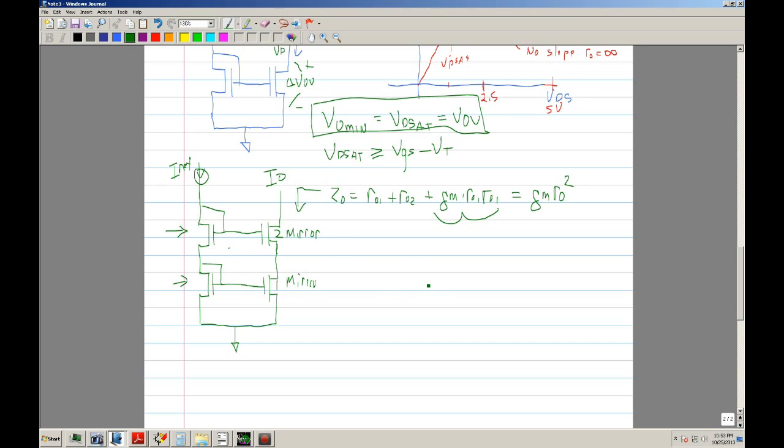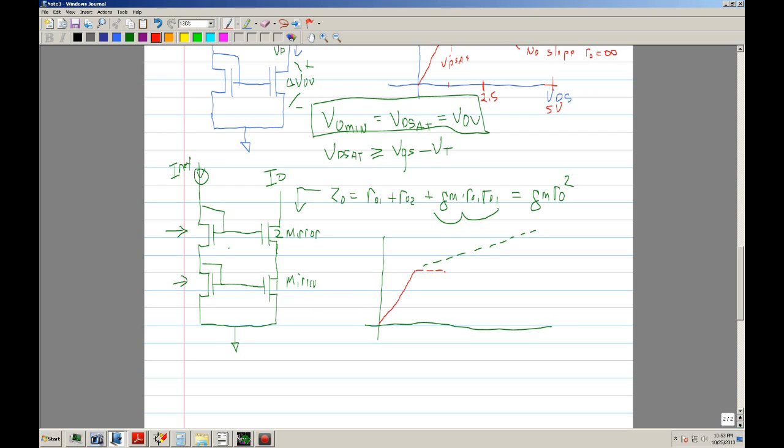So what that does is it gives you a more flat response. It takes away this slope. It makes it a little bit more ideal. Where previously we had a slope, with this configuration we end up with a more ideal case.